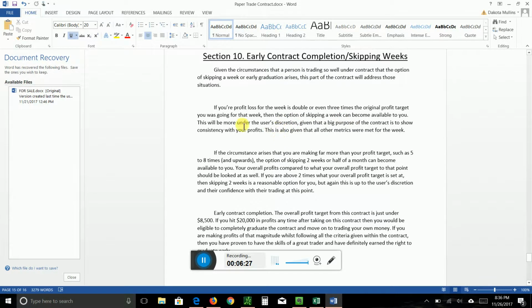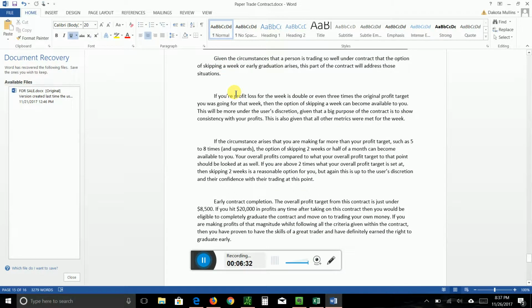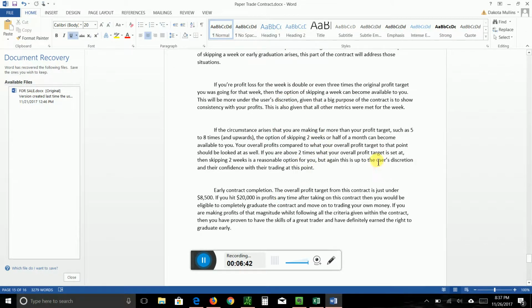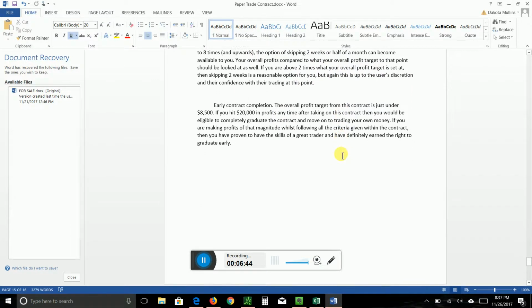Like I kind of outlined here some metrics that you should be making if you're looking to skip a week, just to make it a little bit more legit and so on.